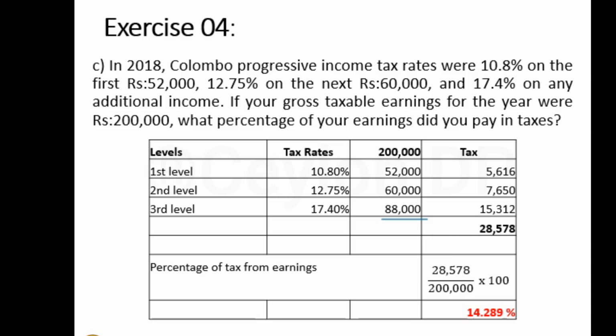But that's not the answer, because the question is what percentage of your earnings did you pay in tax? The percentage of tax from your earnings, you have to calculate 28,578 divided by 200,000 and multiplied by 100. The answer is 14.289%.